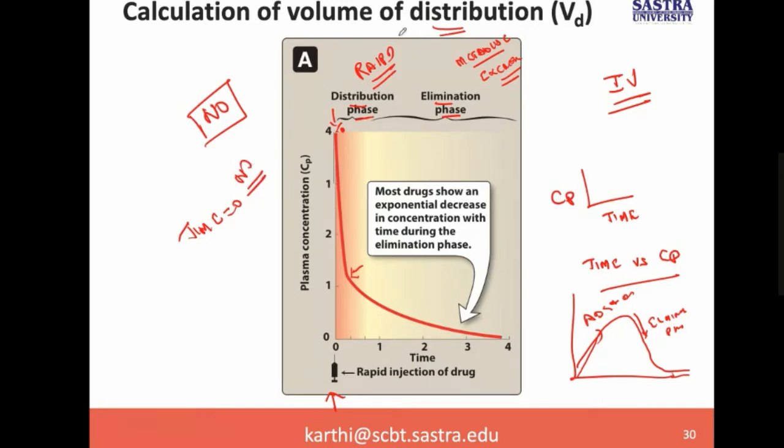When we measure the volume of distribution, we have to allow the molecule to be completely distributed. Once we confirm that the molecule is completely distributed throughout the entire body, from that point onwards we can measure the volume of distribution of the drug molecule. Is that point understandable?